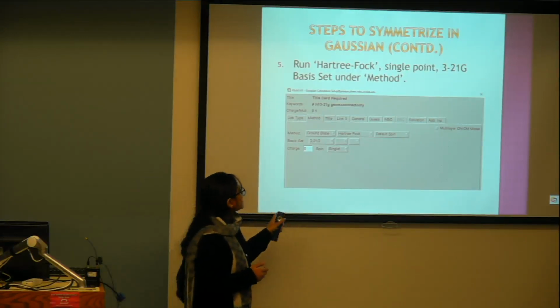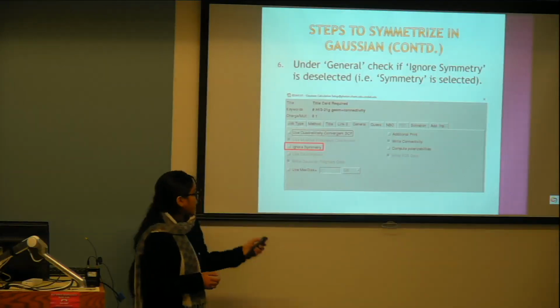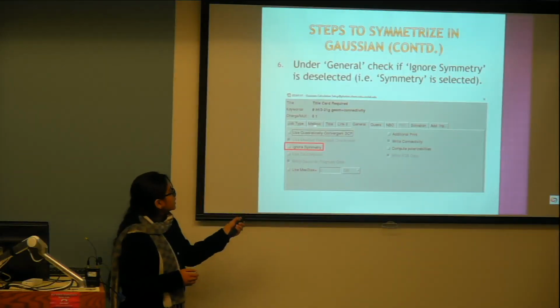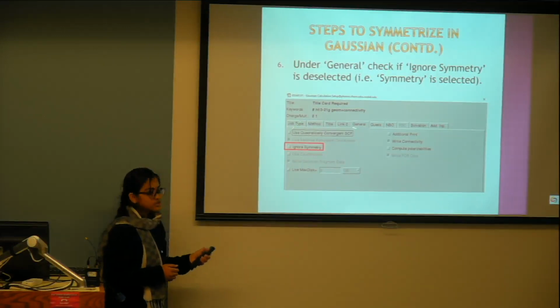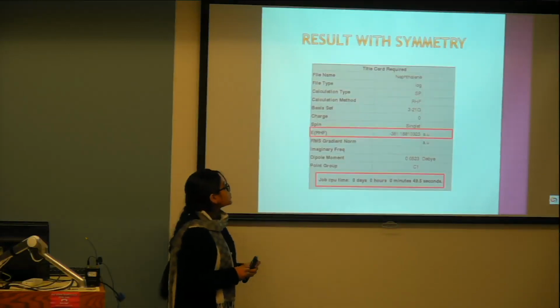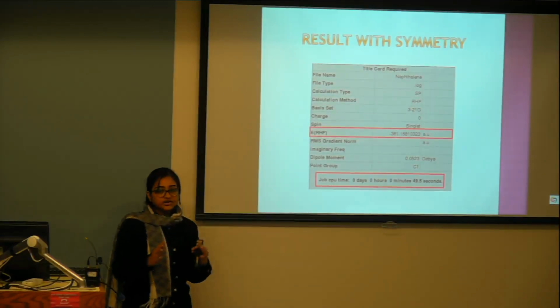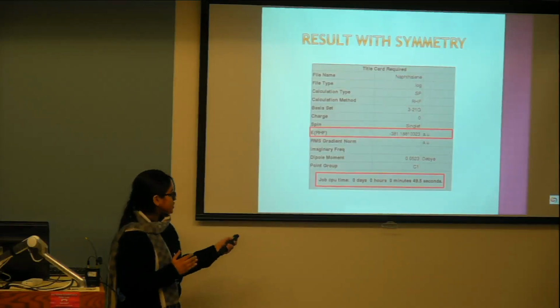After applying this under method, we go to general and check whether ignore symmetry is deselected, that is, symmetry is selected. Afterwards, we run this and check the result, and we can see the energy that we get.